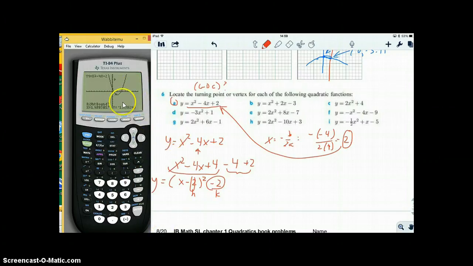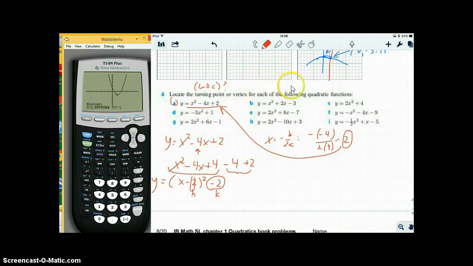And now we want to mark a point to the right of the vertex. Make sure it's to the right of the vertex. And then it says, what's your guess? And you could just put whatever there. And then it says the answer is 1.9999988 and negative 2. Of course, this is an estimate because the way it does it is an approximation, but you can see this is actually 2.0. So it's x equals 2, y equals negative 2, which is exactly what we got through the other methods.